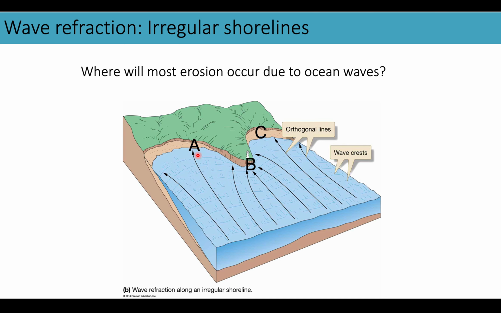A and C would have very minimal erosion. These would probably be depositional environments, where there would be deposition of sand. That's why there are sandy beaches here, because the wave power is so focused on B, and the waves are refracting, which means they're bending away and slowing down. Here we would have an accumulation of sand, whereas here we would have a good amount of erosion.